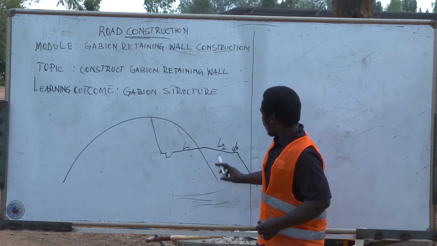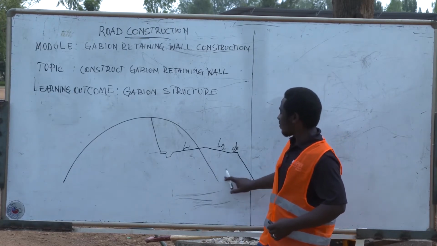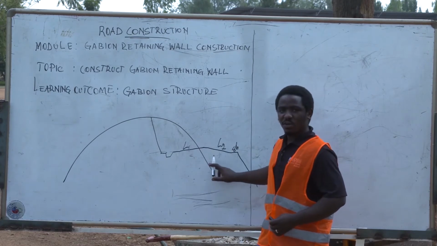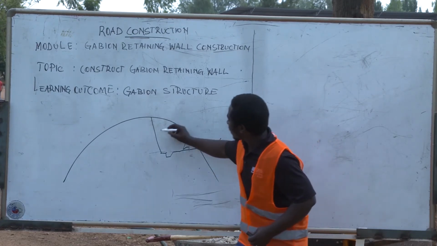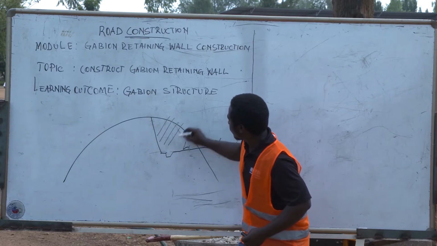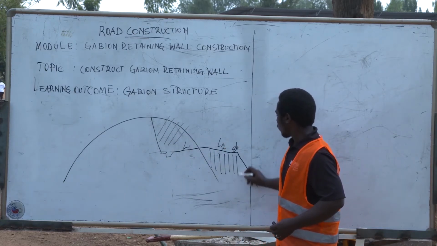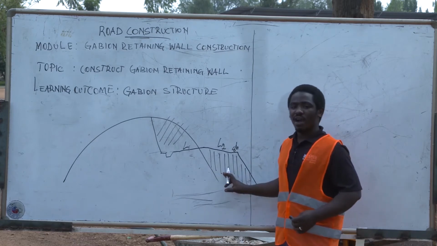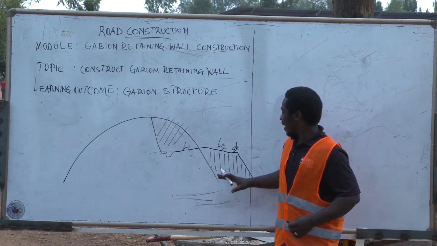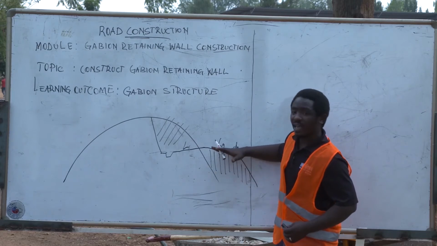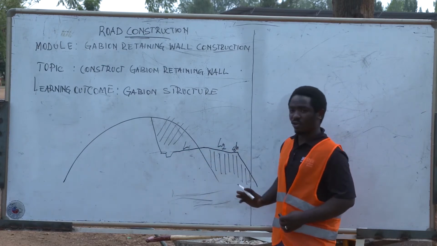So here, as you are seeing, we don't have the soil. Because we don't have the soil, we will cut soil here, and then we will fill it on this side. So as you see here, we have filled the soil, and then the level has been elevated so that we reach the level of the road.